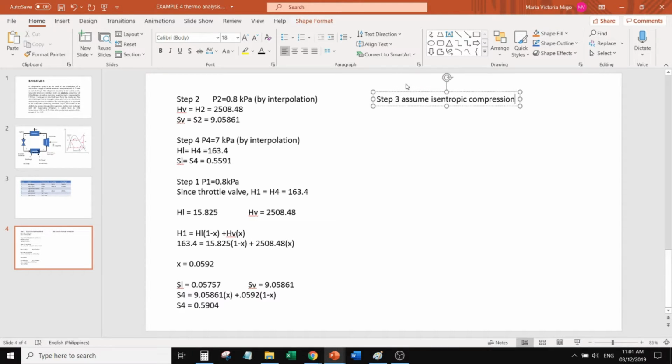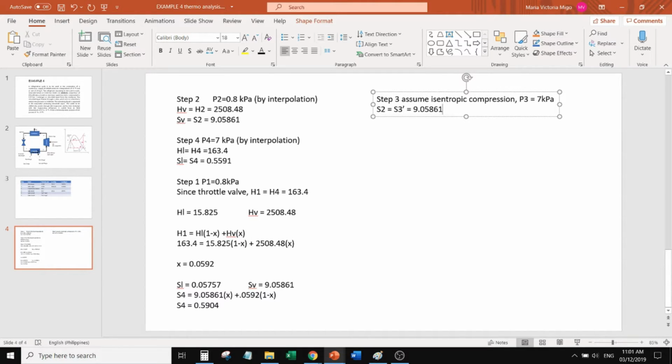If that's the case, then S3 equal to S2 equal to S3 prime. S3 prime equal to 9.05861. Correct? So the pressure here is in kilopascals.